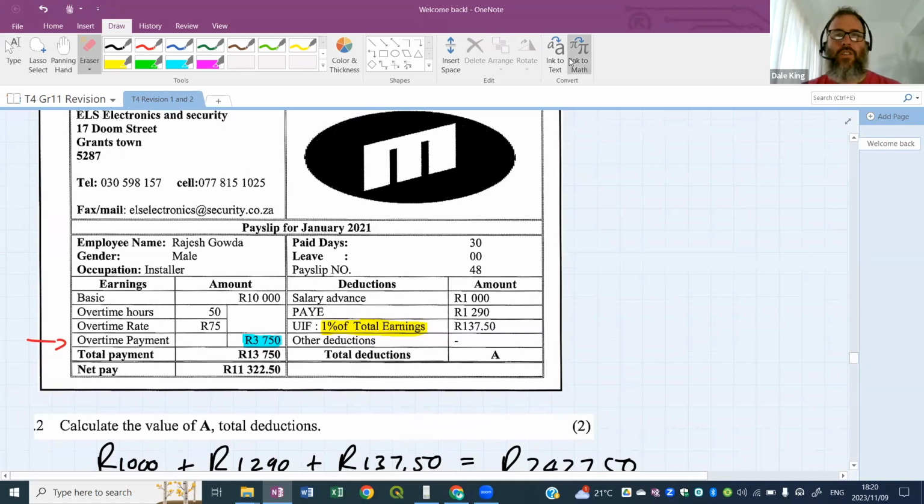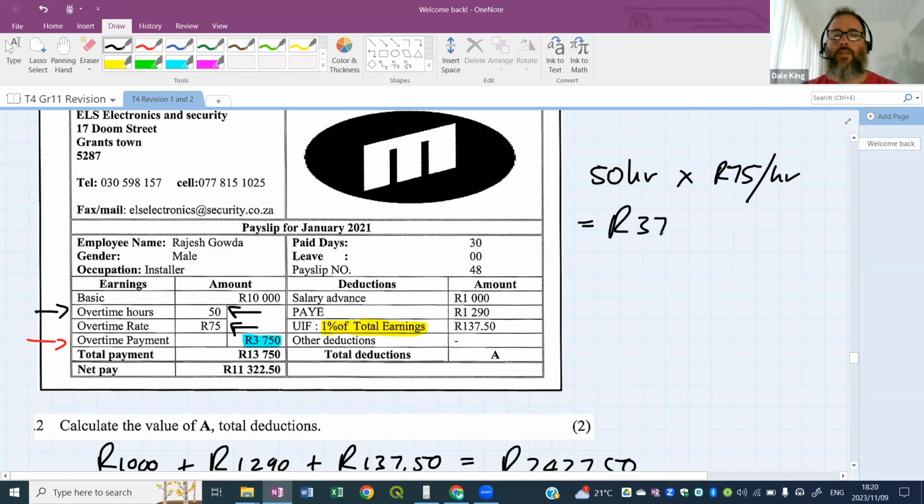All right, so show 3750. What math do we do? Yes, come on now. You guys know. Well done, Kian. Good. So we see the person worked 50 overtime hours there. We can see the 50 for overtime hours over here. And then we see the rate is 75 Rand per hour. So we multiply those together and you will get 3750.